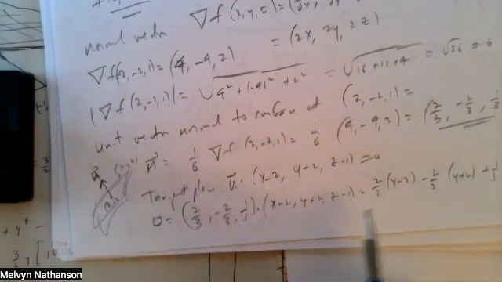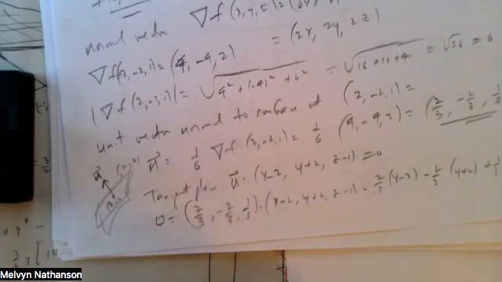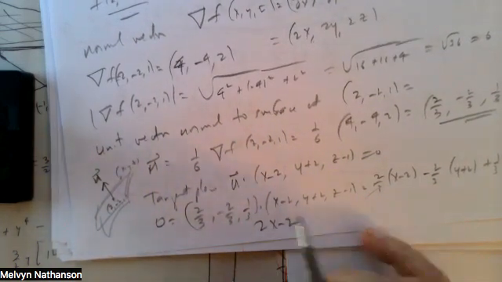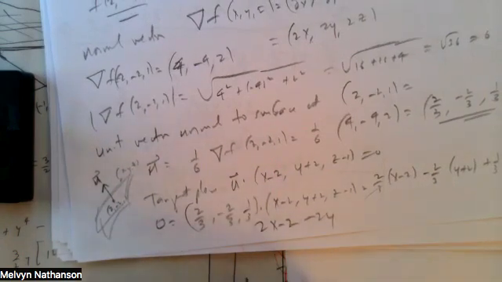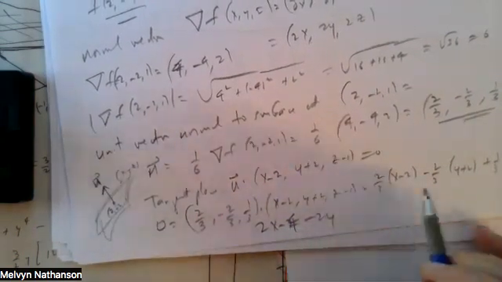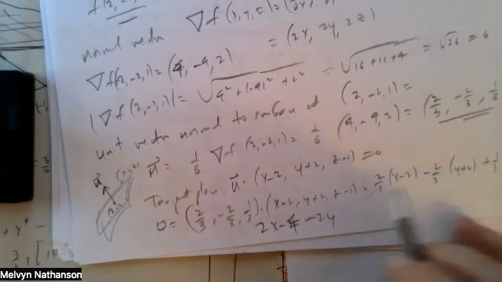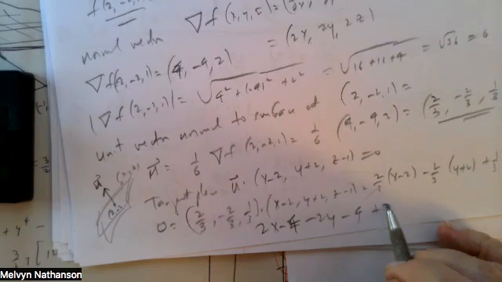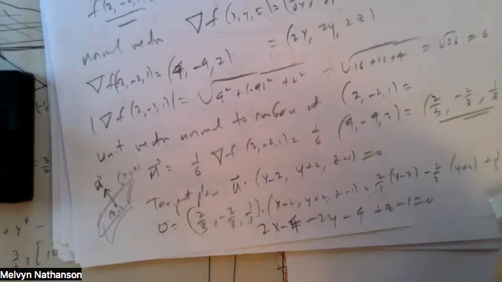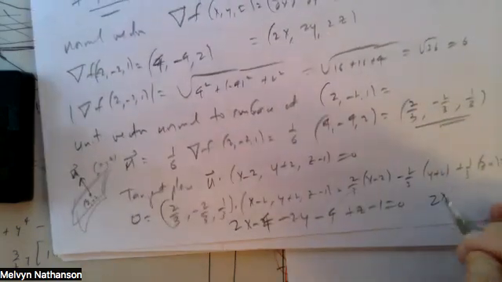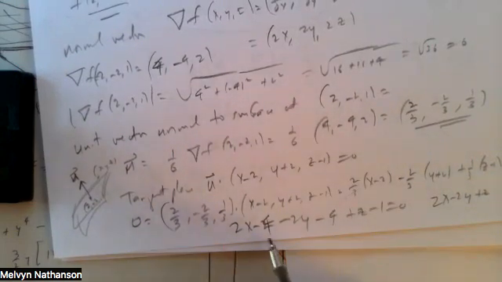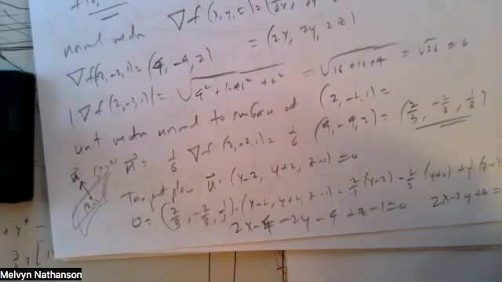If I simplify this, I can just multiply by 3 and cancel all these 3's. I get 2(x minus 2) minus 2(y plus 2) plus (z minus 1) equals 0, or 2x minus 2y plus z equals 9.